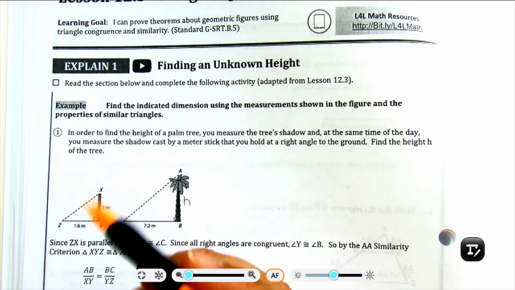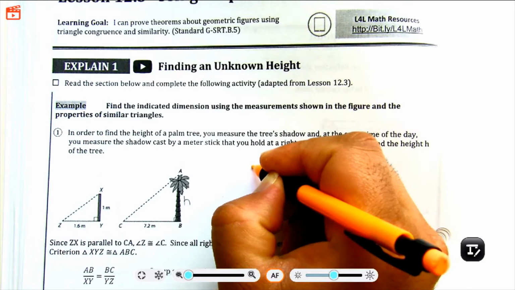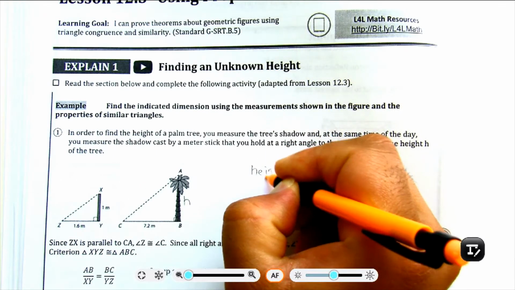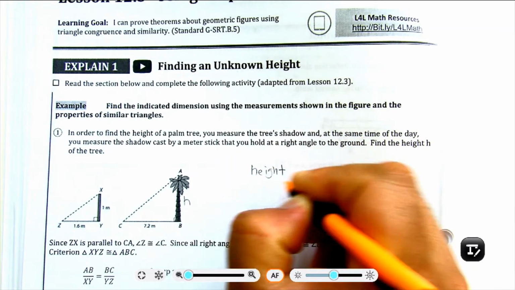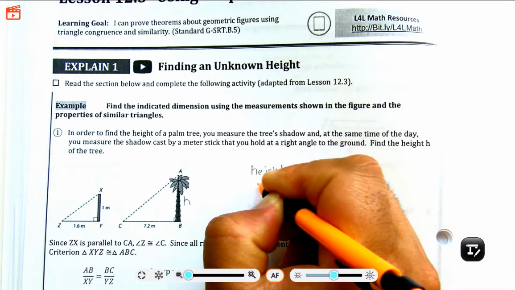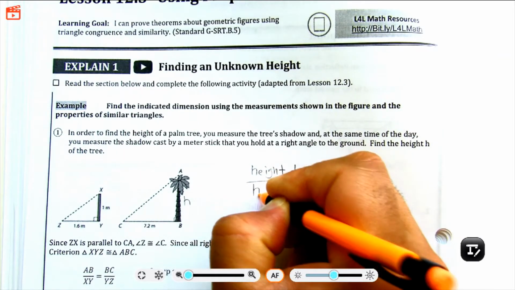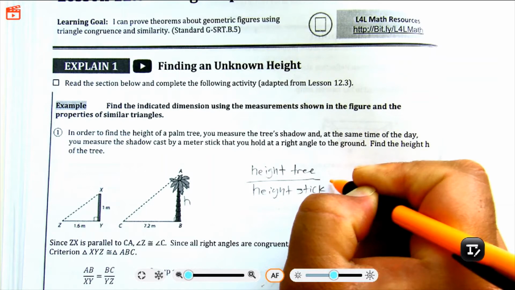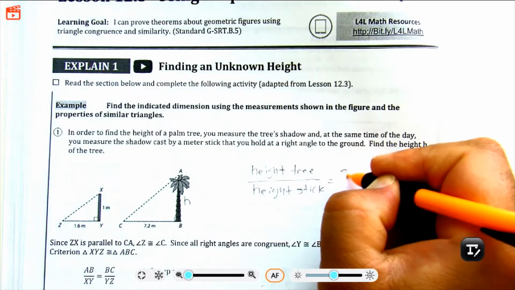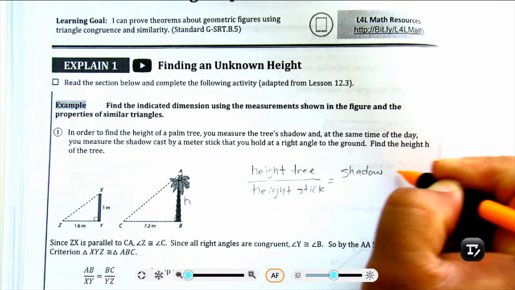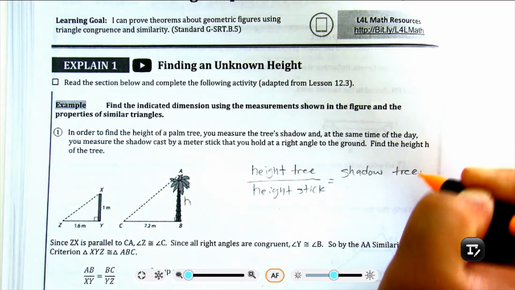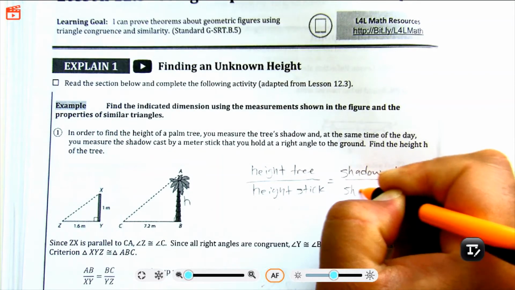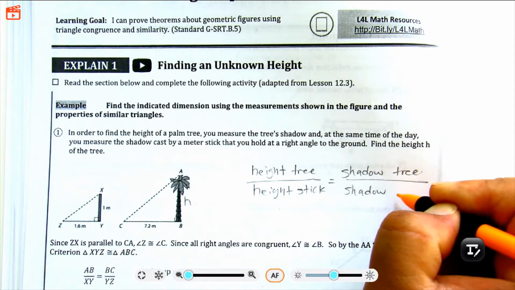So pretty much what we're doing is the height of the tree over the height of the stick is equal to the shadow of the tree over the shadow of the stick.